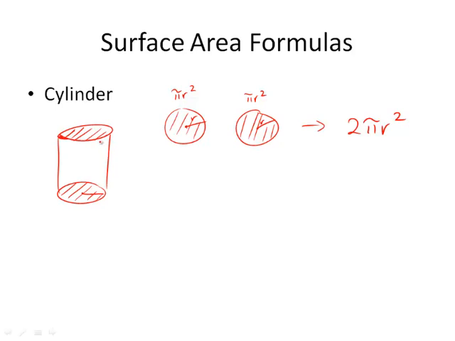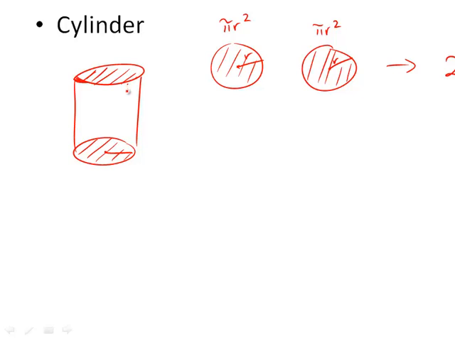The rest of the can would then be a cylindrical shape, which you could slice open. So let's imagine slicing open a can of beans without the top or bottom and rolling it out. So if you roll it out, you can imagine you'd actually have a rectangle, which we know how to find the area of a rectangle.